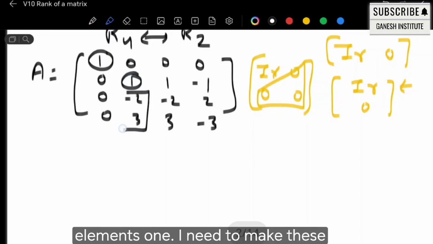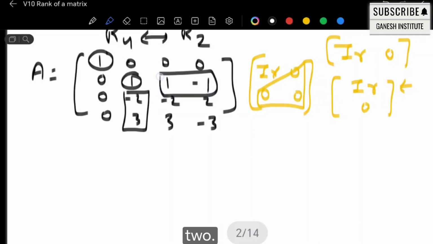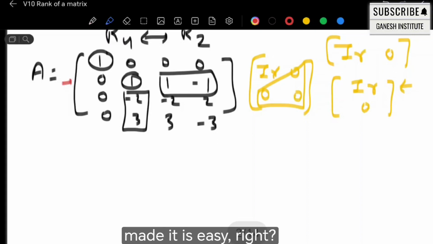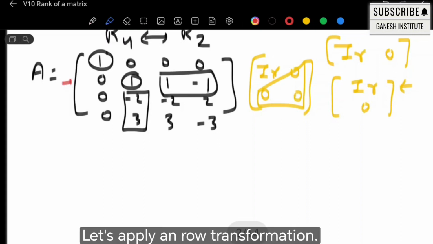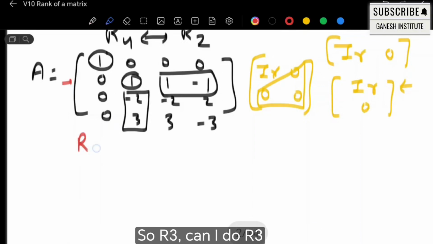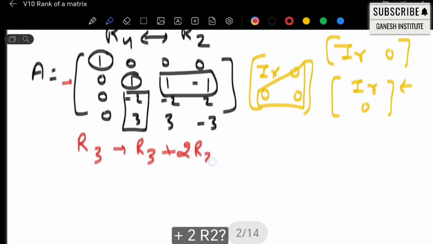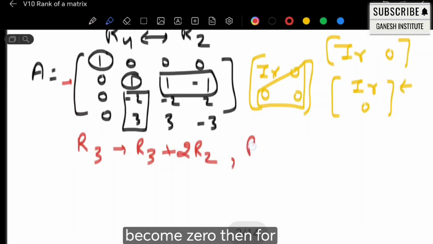I need to make these two and these two as zeros, right? How can I do it? Once 1 is made, it is easy, right? Let's apply row transformation. So R3 plus 2R2, because minus 2 plus 2 will become 0.